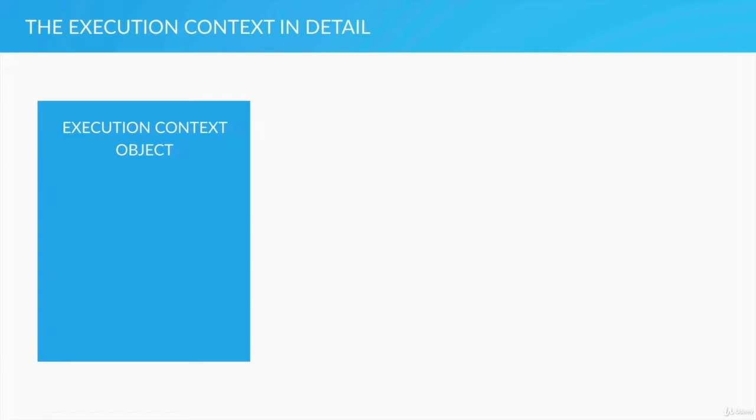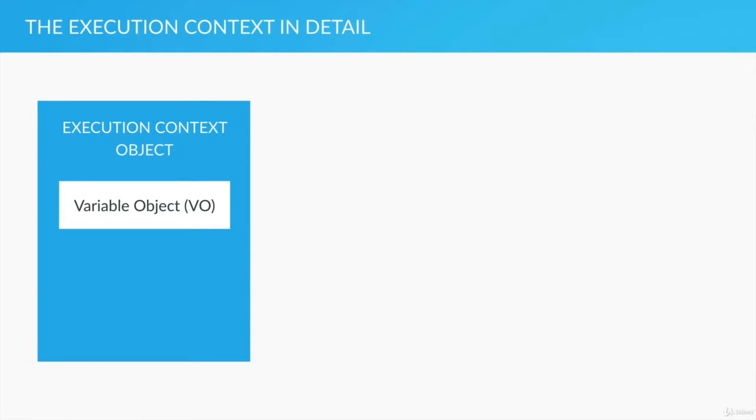Let's start by creating a representation of an execution context so that we can have a bit more detail about how it actually works. First off, as I mentioned in the previous lecture, we can associate an execution context with an object, which is what we have here. And this object has three properties.